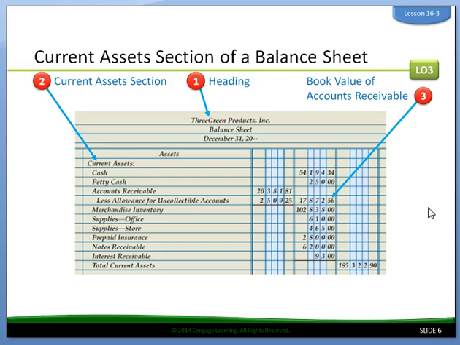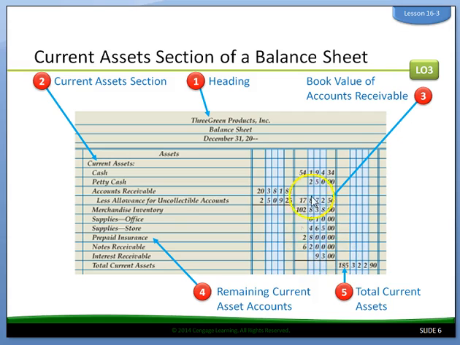Next, write the remaining current asset accounts, the account titles and the amounts. So we have merchandise inventory, supplies office, supplies store, prepaid insurance, notes receivable, interest receivable, and total current assets. Add the amounts in the second column and write the total in the third column.